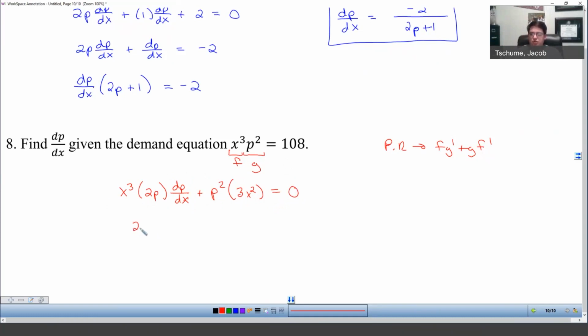Cleaning this up, you should get 2p x cubed dp/dx plus 3p squared x squared equals 0. If I move this second term over to the right to isolate it, you should get 2p x cubed times dp/dx equals -3p squared x squared.